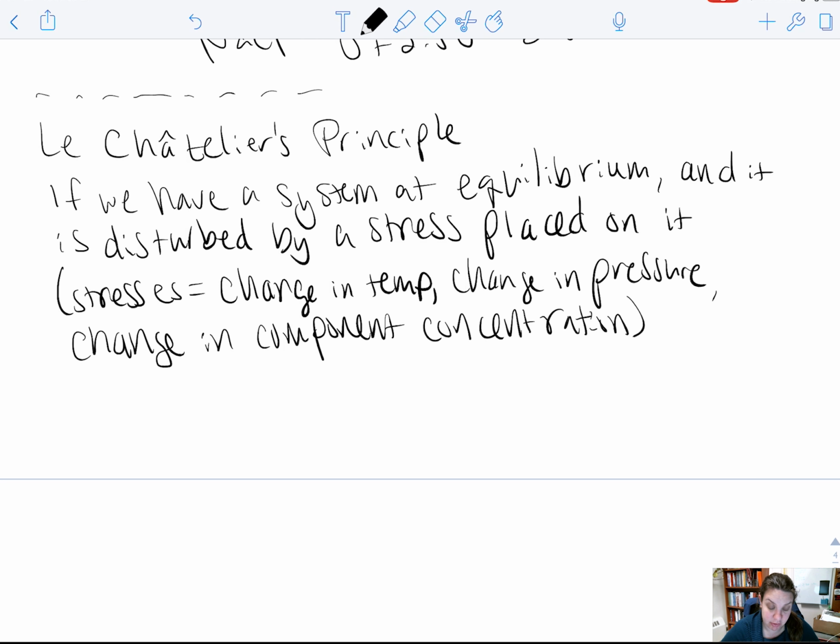Le Chatelier's principle basically tells us which way the system will shift at its equilibrium position to counteract the stressor or disturbance.